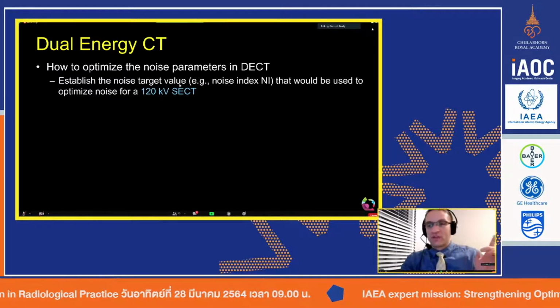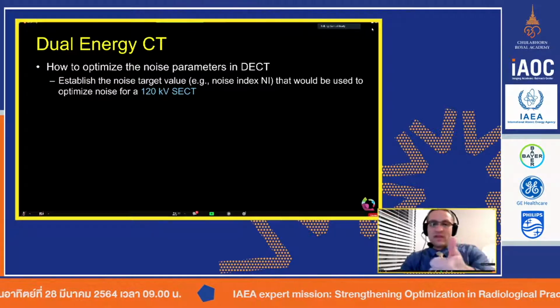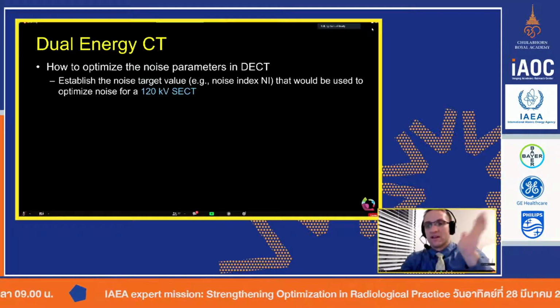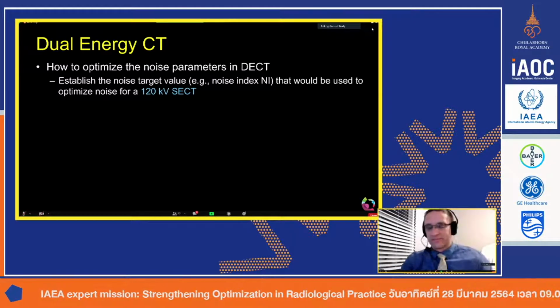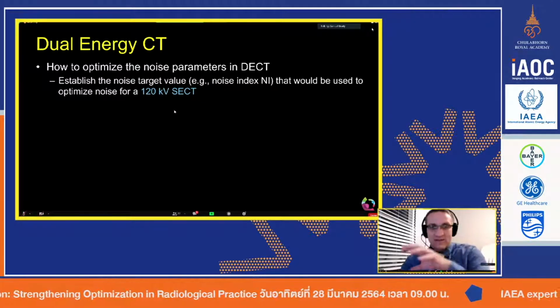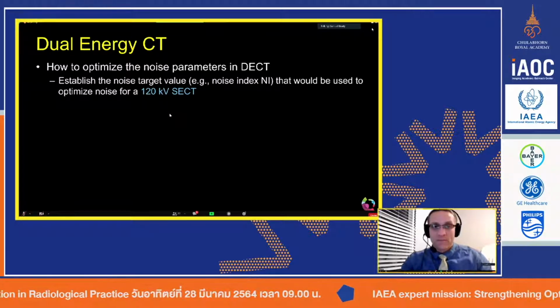Now, remember from last week, all vendors have different noise indices. GE calls it noise index, Canon calls it SD, Siemens, Philips, Hitachi, they all have their own way of defining the noise. So you would set that for each of those independent vendors the way you normally would do it.